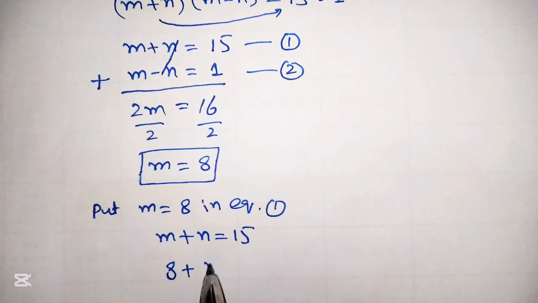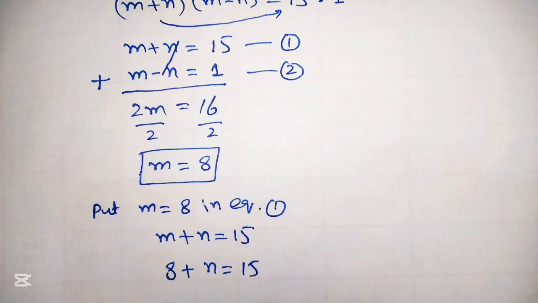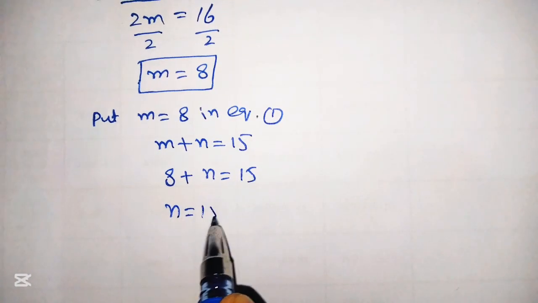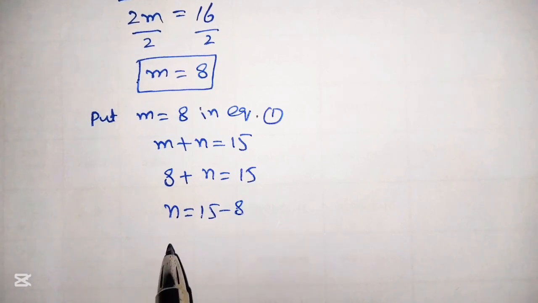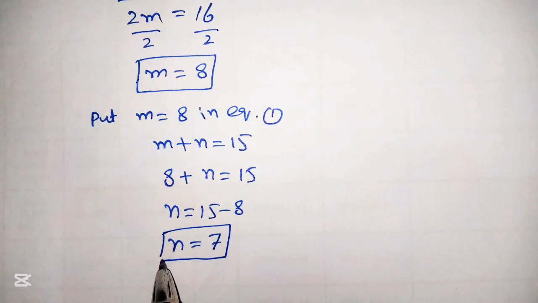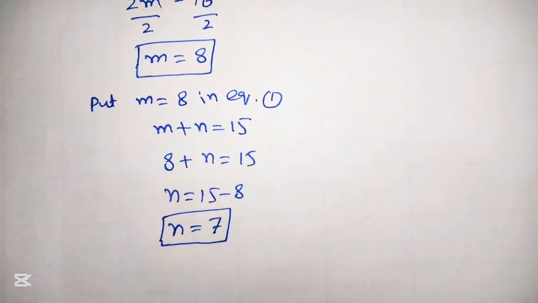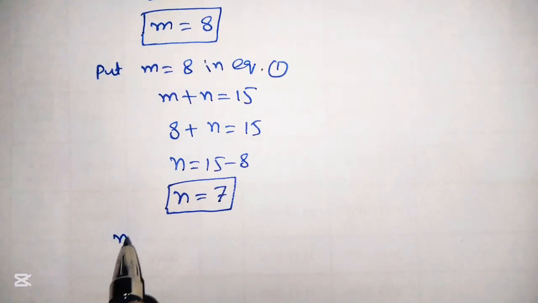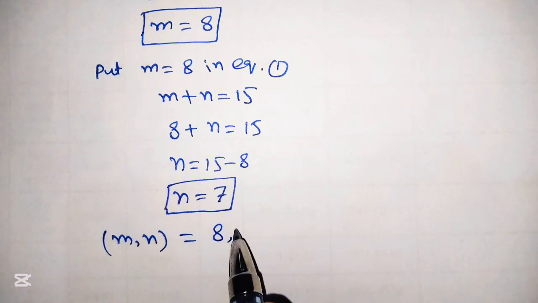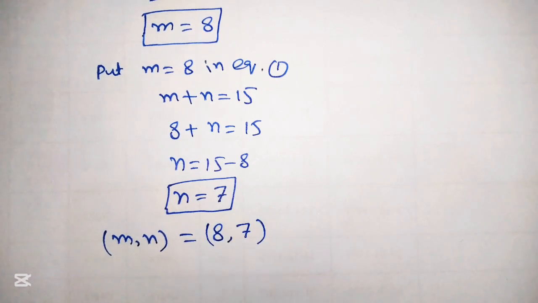So 8 plus n is equal to 15, and from this we conclude that n is equal to 15 minus 8, and n is equal to 7. This is the value of n. So this is the first solution pair, that is m, n is equal to 8, 7.